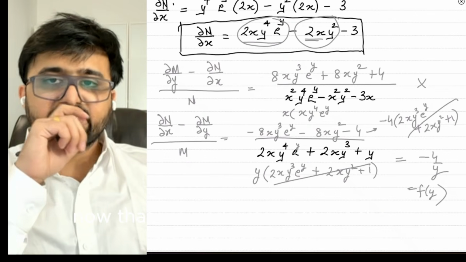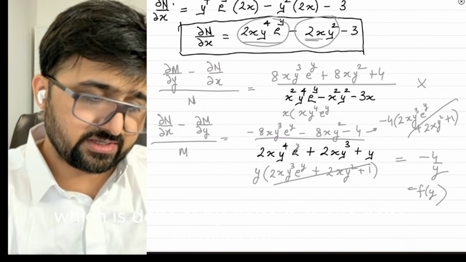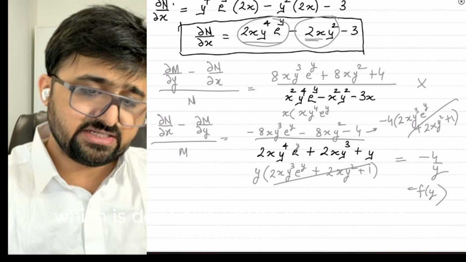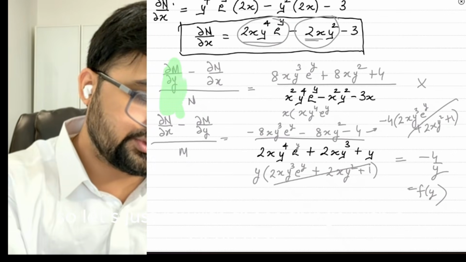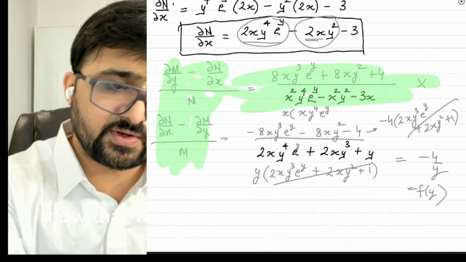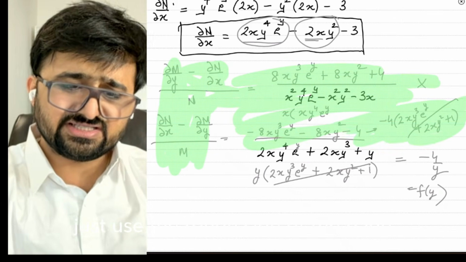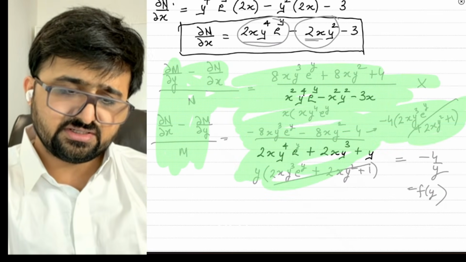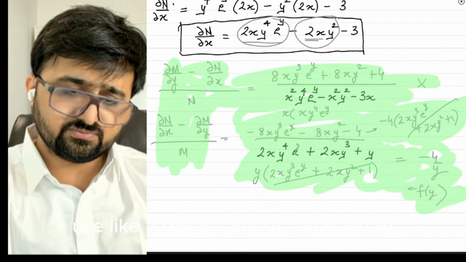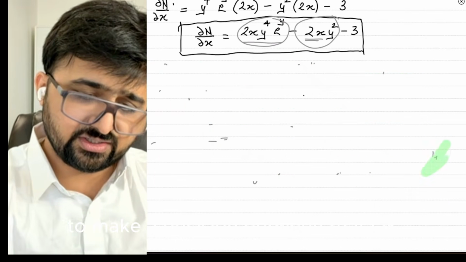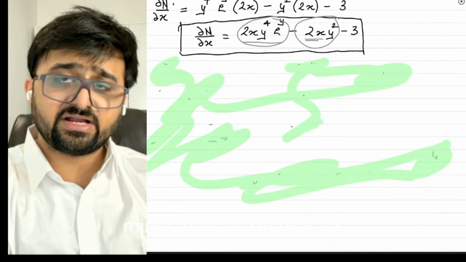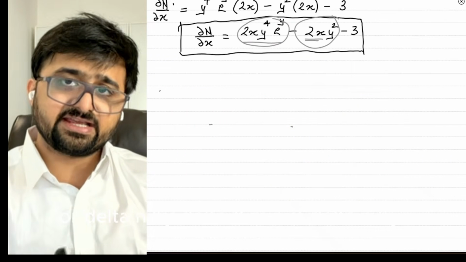Now that we understand this is the second type, which is delta n by delta x minus delta m by delta y, let's rewrite those things with a clean pen. That's what you'll do in the exam too. Just use the rough side of the page to make a decision whether it is delta m by delta y minus delta n by delta x, or delta n by delta x minus delta m by delta y.